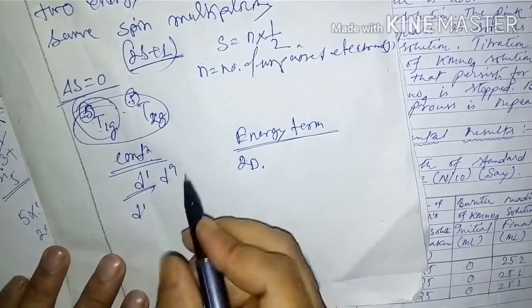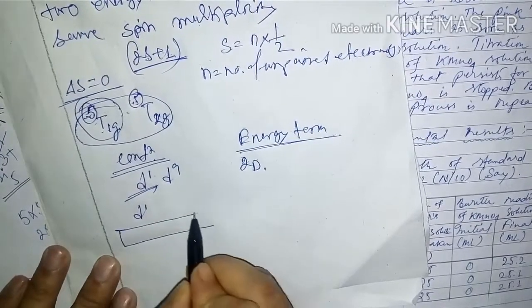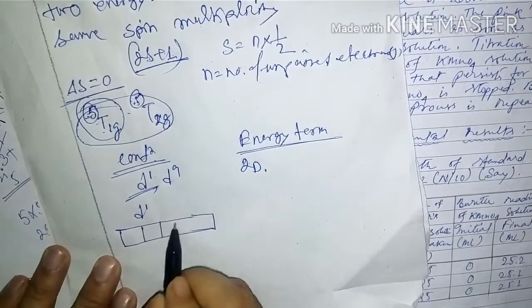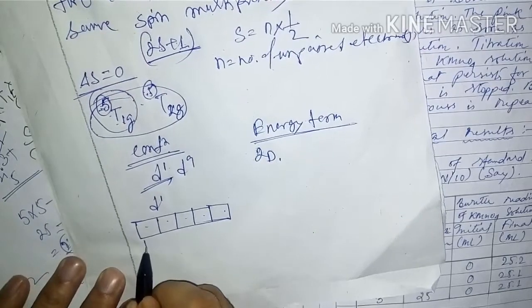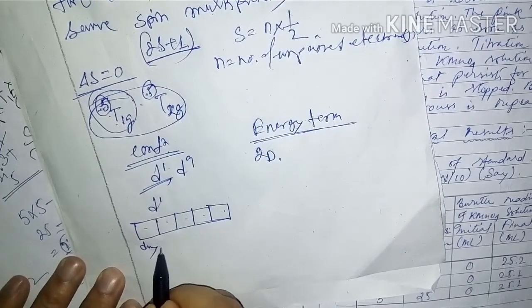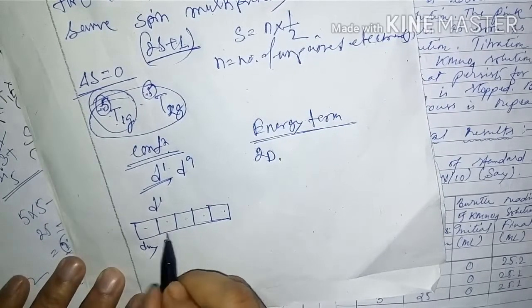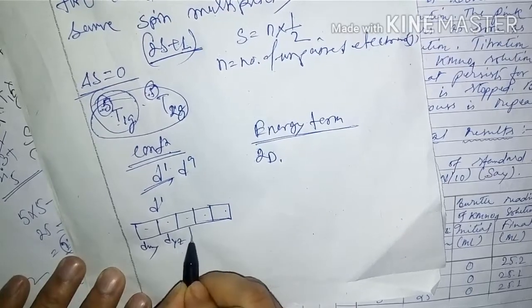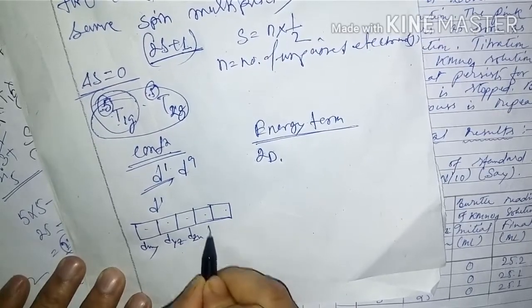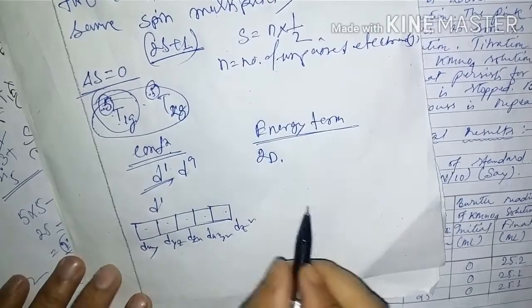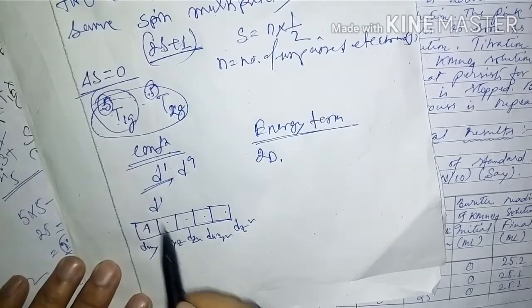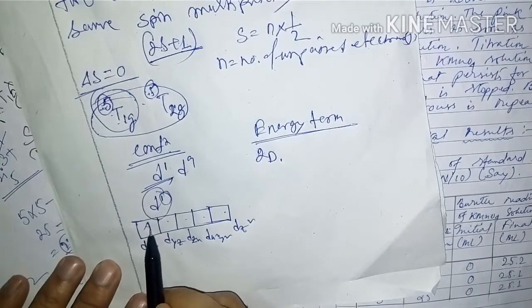You know there are five d orbitals: dxy, dyz, dzx, dx squared minus y squared, and dz squared. Now this one has 1 electron.